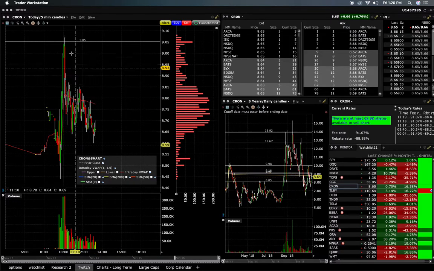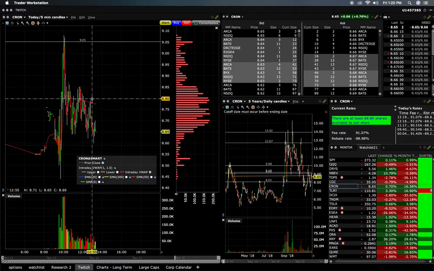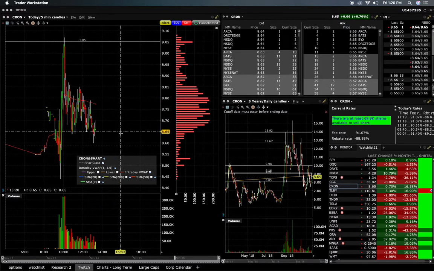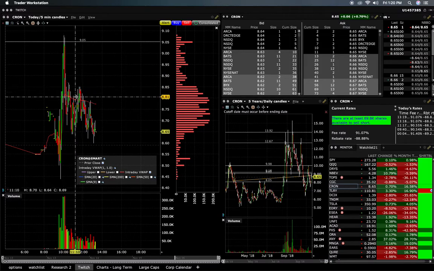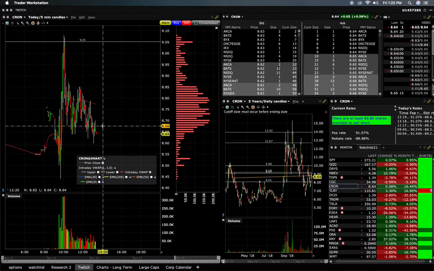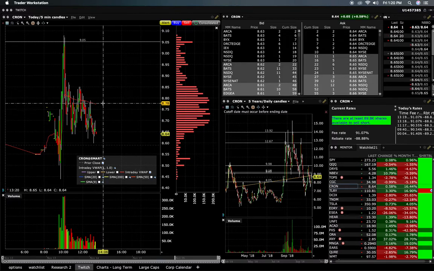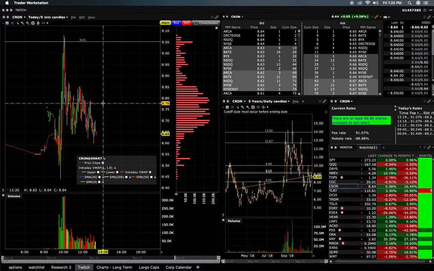So a lot of people were buying in here, and now that the stock is deviating from the volume weighted average price, this is the average price of everyone. Most people are losing today. And as the stock price gets further away from the volume weighted average price, those people that are buying are going to feel more pressure to start selling.